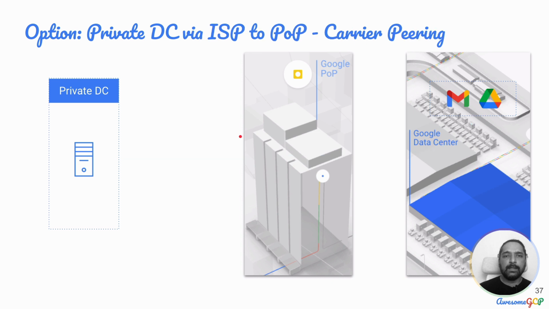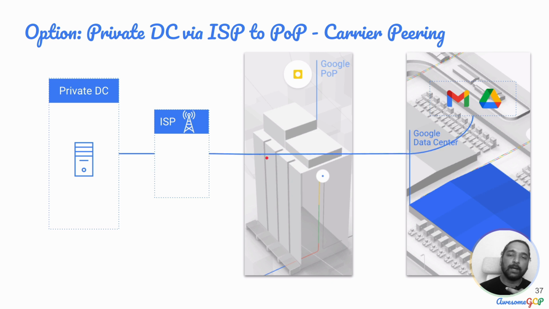The other option is when you do not have proximity to a Google POP. If you are far away, then what is the option? You work with an ISP who has an established connection to that POP. So in this case, you go from the private data center via the ISP to the Google POP, which is where the endpoints for Gmail and Drive are, and it will be redirected to those services.